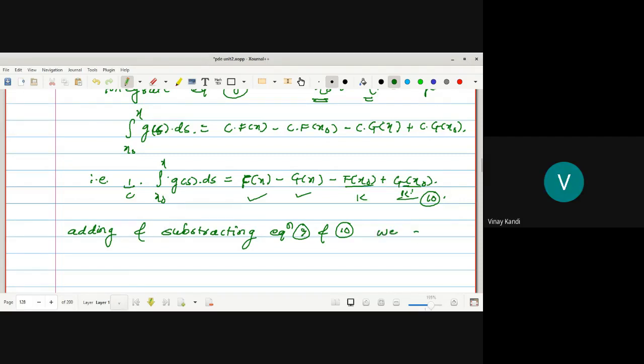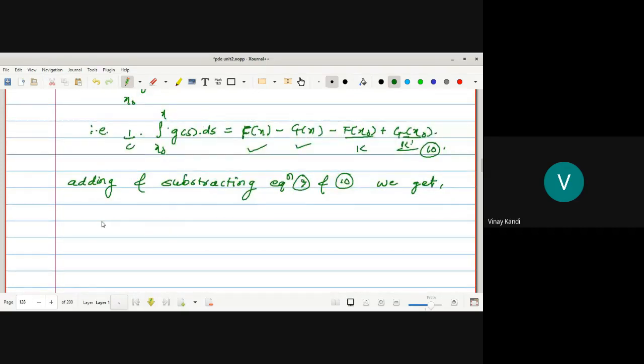Yes, sir. So after adding and subtracting, first after adding we get capital F of x equal to, I am taking the step directly.